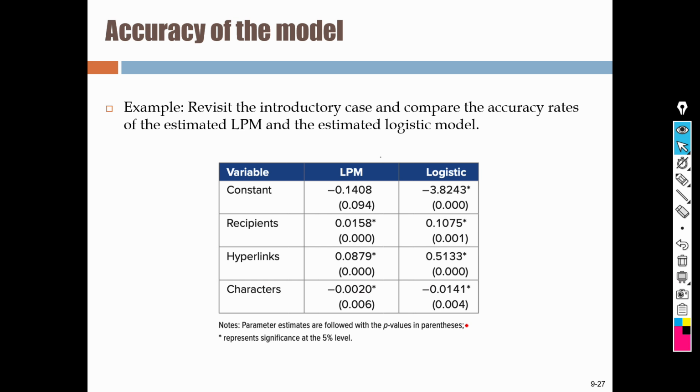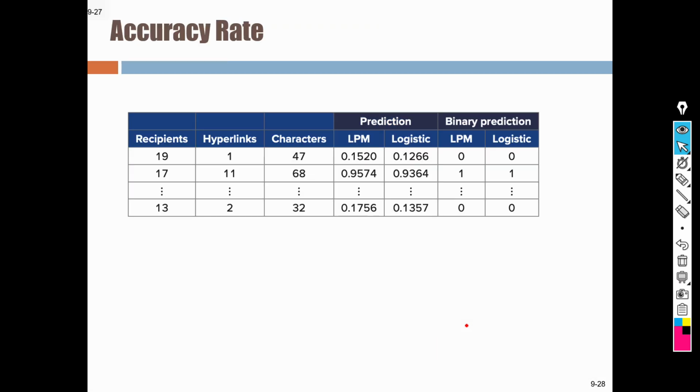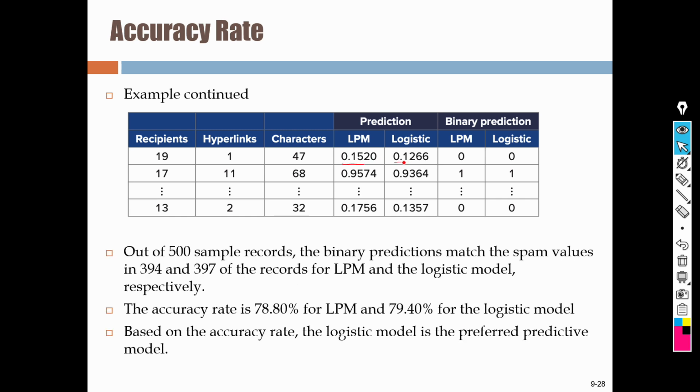So we can make a prediction for our cases: okay, the probability is less than 0.5, so I will predict 0. This is greater than 0.5, so I will predict 1, and so on. Out of 500 sample records, the binary prediction matched the spam value in 394 and 397 records.